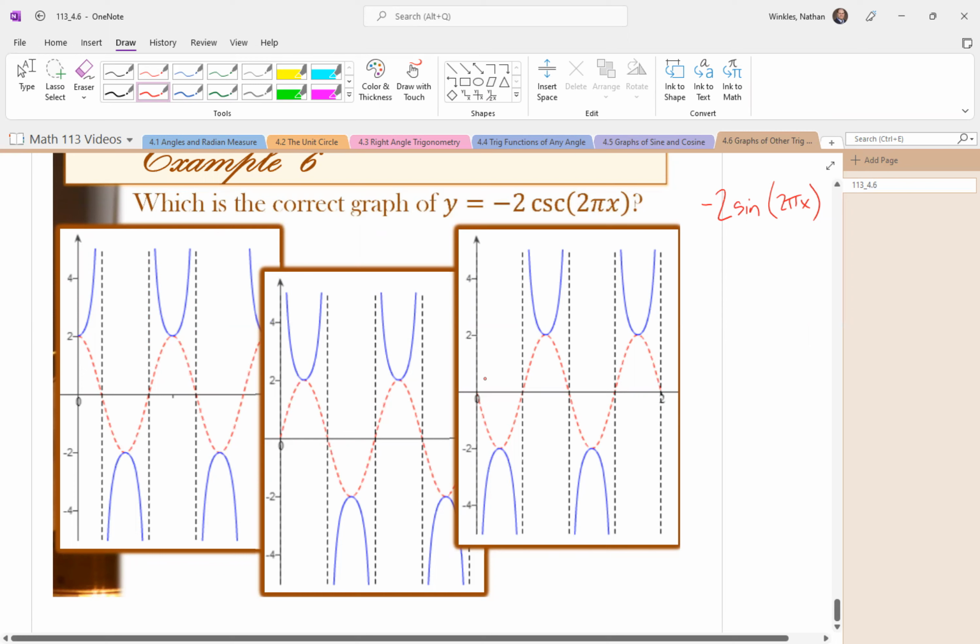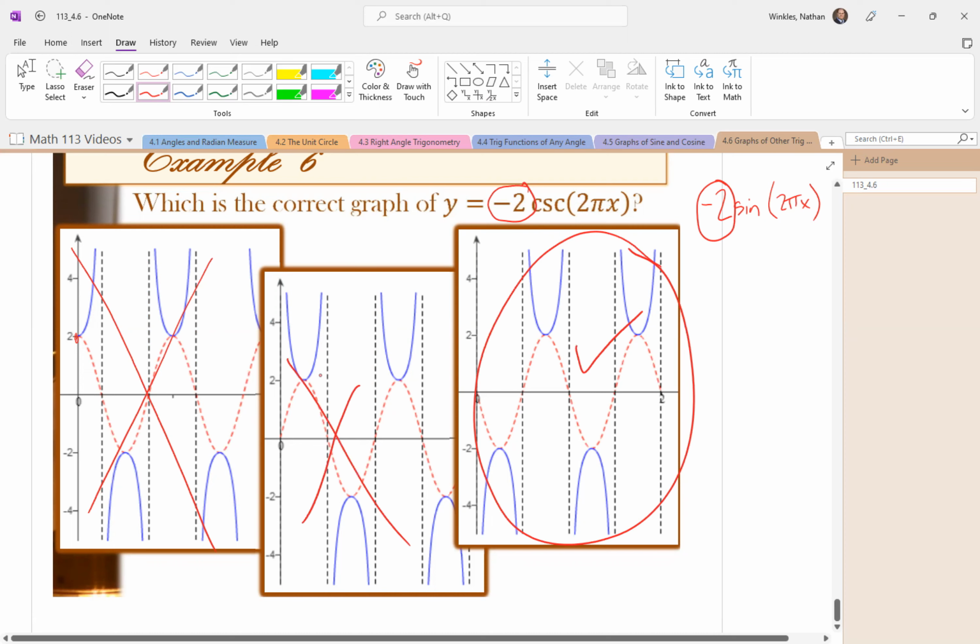So at 0, we need to be at 0. And since it's sine, we start at 0 and either go up or down. We can eliminate the first one because we start all the way up here at 2. It's a -2 that's going to correspond here, so we're going to go down first. Therefore, we can eliminate the second one and the third graph would be ours.